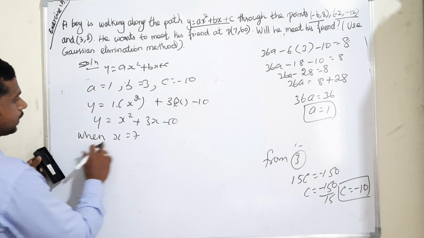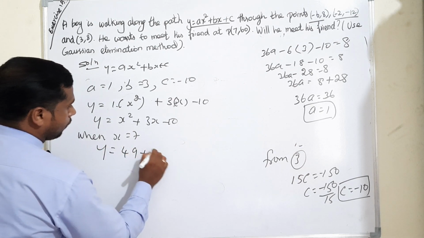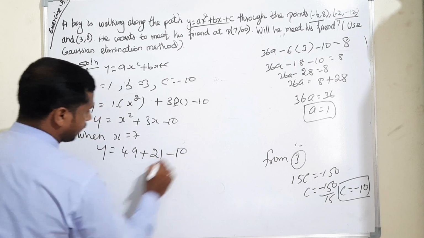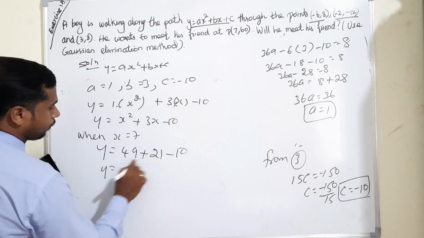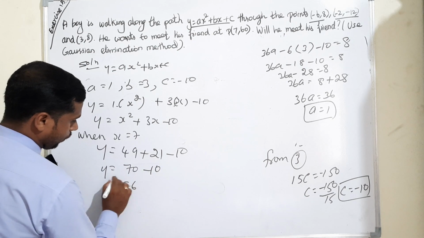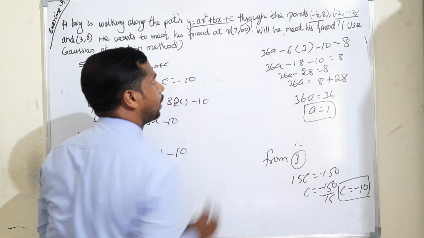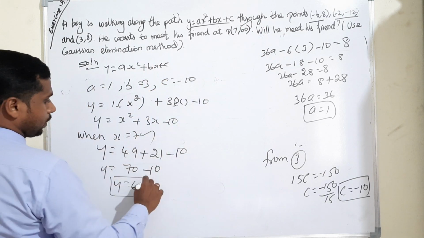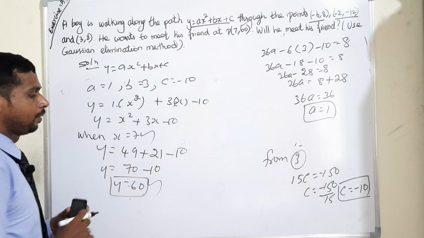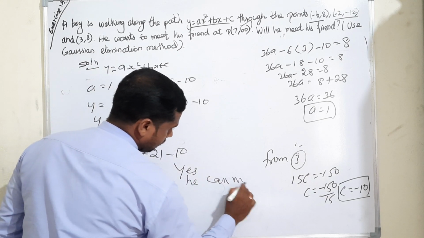So when x is equal to 7, y is equal to 49 plus 21 minus 10. Therefore 49 plus 21 means 70, minus 10. Therefore y is equal to 60. So the coordinate point when x is equal to 7 is 7 comma 60. Definitely yes, he can meet.